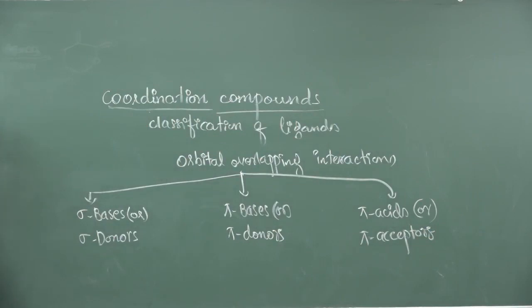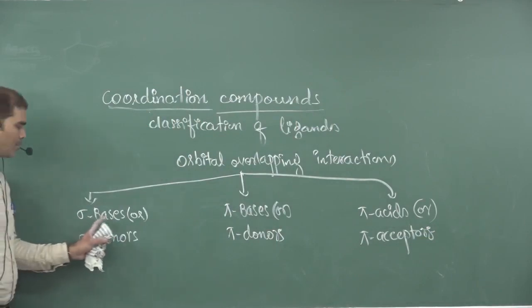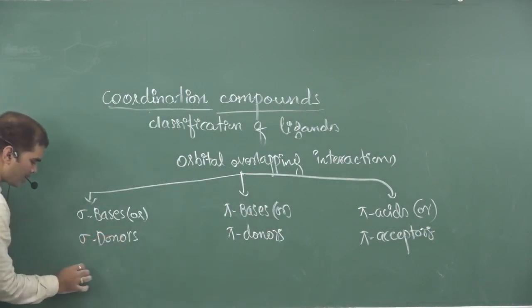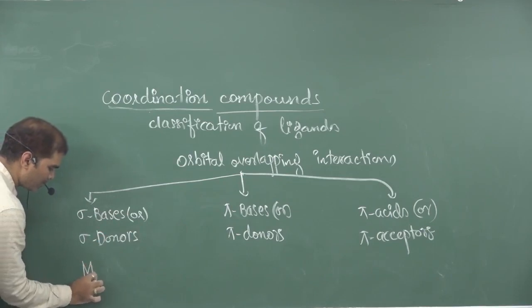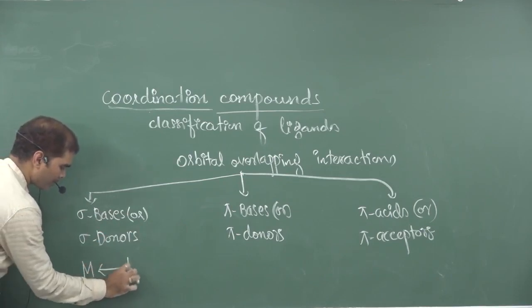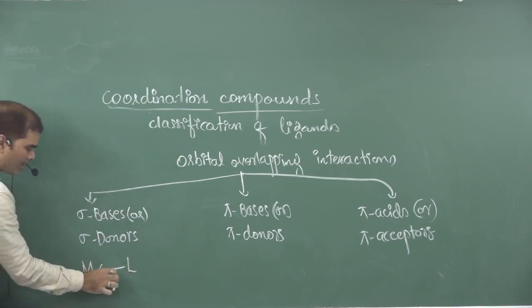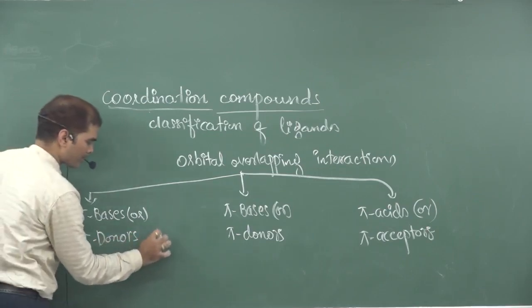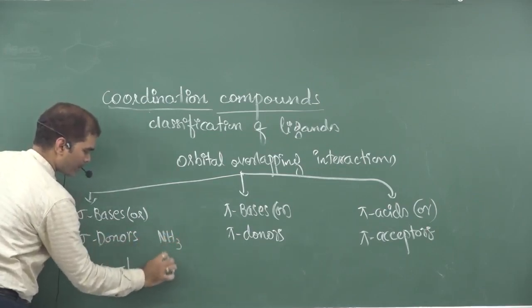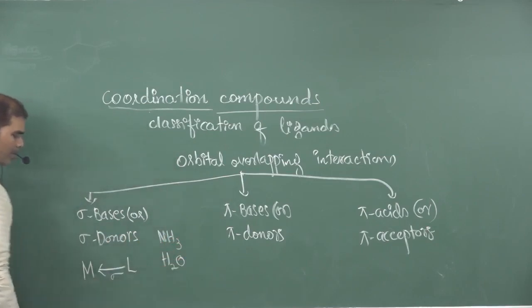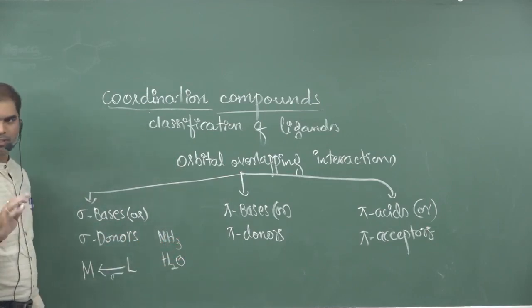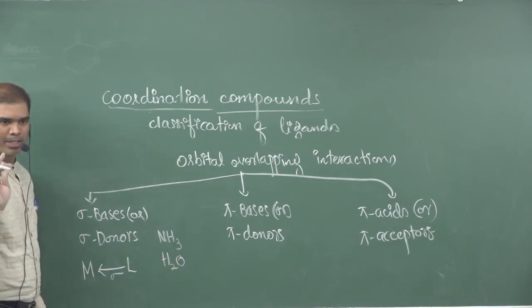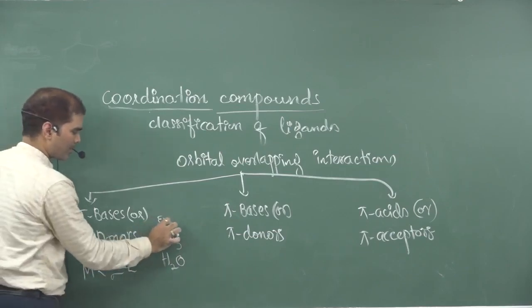Based on this, we have three different types of ligands. One we call a sigma base. In a simple diagram, suppose this is a metal and this is a ligand, and that ligand is donating a pair of electrons. All such ligands are called simple sigma donors. Any example? Amine, aqua, pyridine, all these are simple sigma donors. They just donate sigma only.